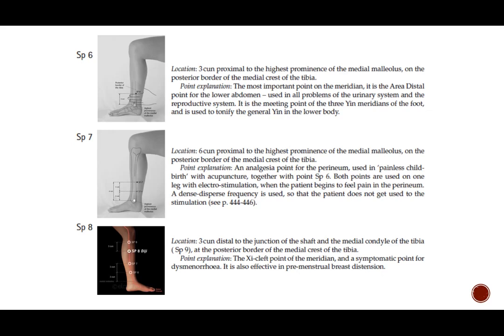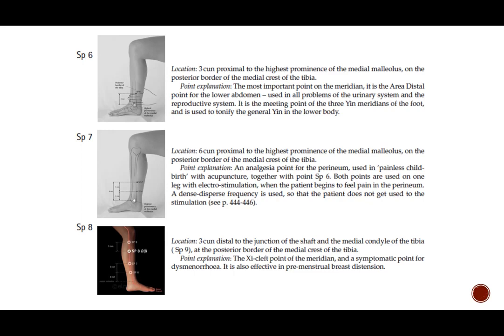Both points are used in one leg with electrostimulation when the patient begins to feel pain in the perineum. A dispersed frequency is used so that the patient does not get used to the stimulation.